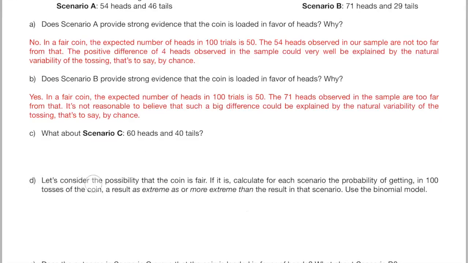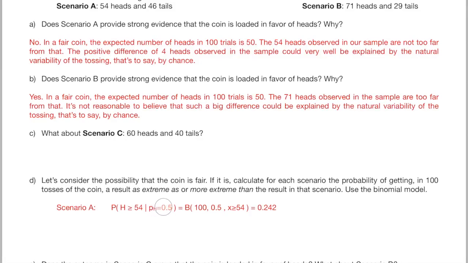Let's consider the possibility that the coin is fair. If it is, calculate for each scenario the probability of getting in 100 tosses of the coin a result as extreme as or more extreme than the result in that scenario. Use the binomial model. In scenario A, we observed 54 heads. What's the probability of observing so many heads or even more heads if it is true that the coin is fair?